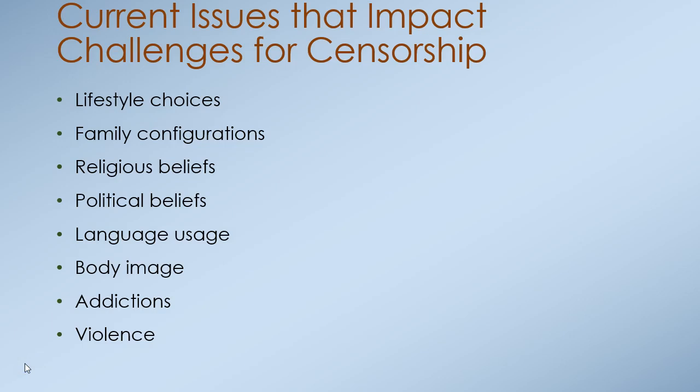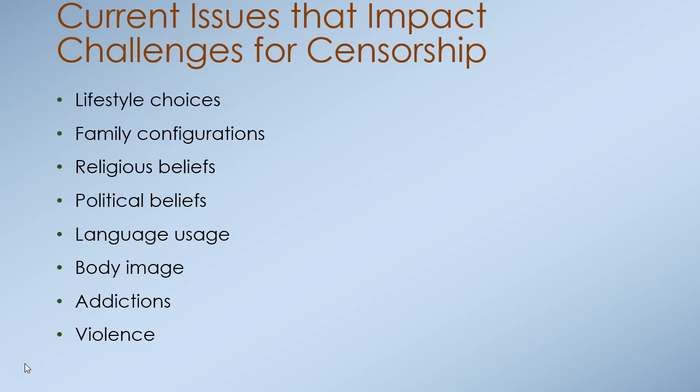One of the things that we have to consider when we're thinking about controversial materials in the classroom is the outside influences that impact those decisions. And this is a list of some of those outside influences. Lifestyle choices. When we think about a classroom full of children, 30 children, 35 children, you're going to have many different lifestyle choices in that classroom.